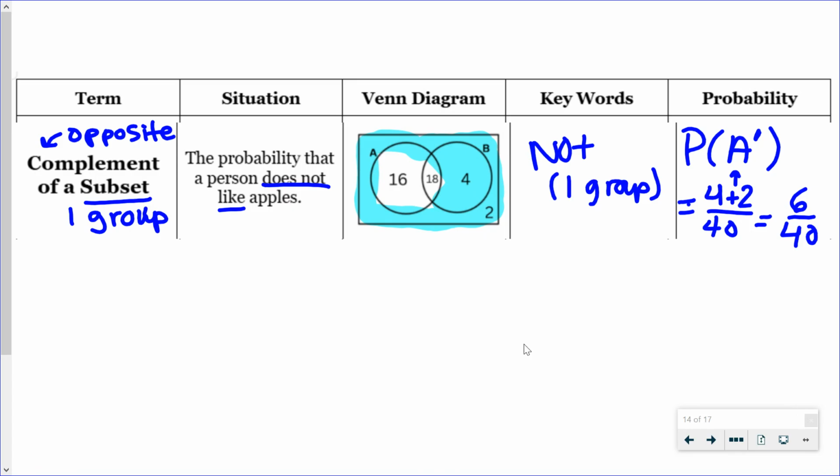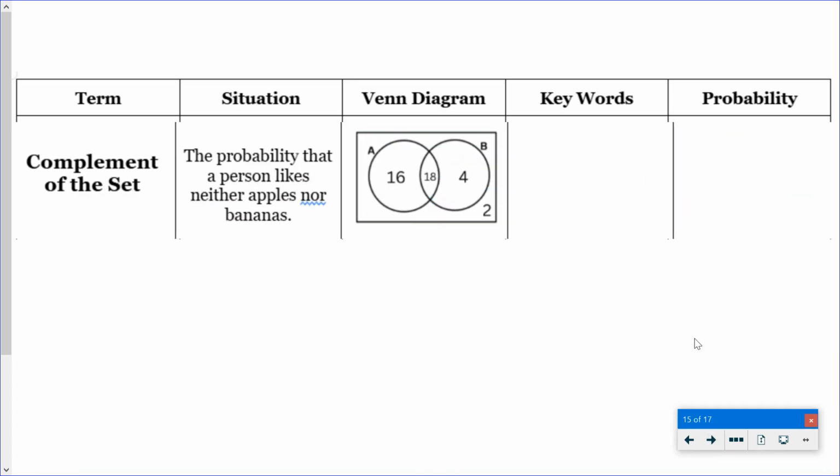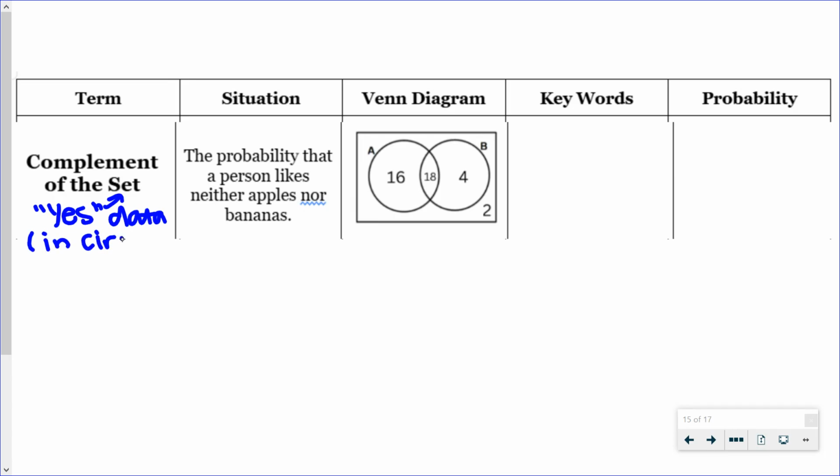All right, and our last terminology is the complement of the set. So this is when I say the set, that means the yes data, or in the circle. So we want the opposite of what's in the circle. They want neither, we want the probability that a person likes neither apples nor bananas.